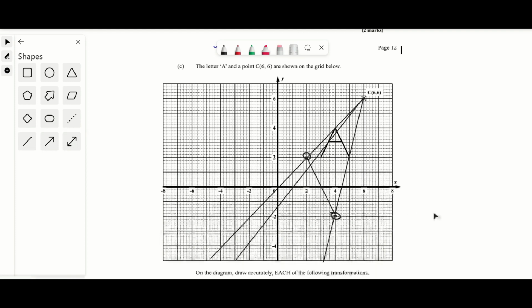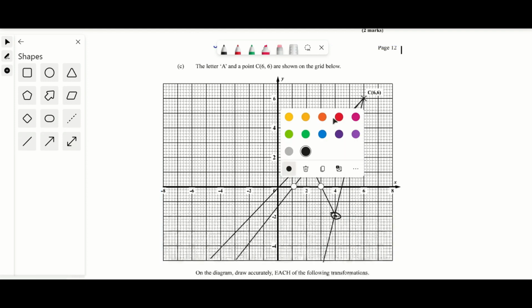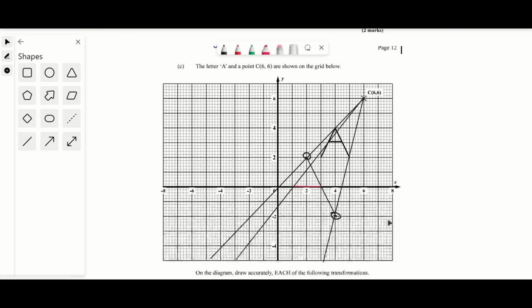So we know that the line that we just drew, or we have to draw, starts at this point 2 units away from this. So we're starting from here, and we have to intersect that third line that was drawn. So let's just put that in red so we can see. So we know that the cross for A is right here.